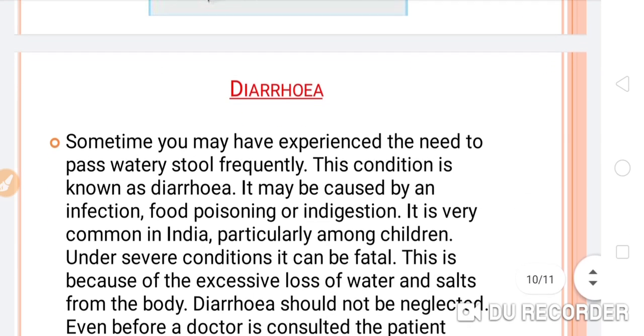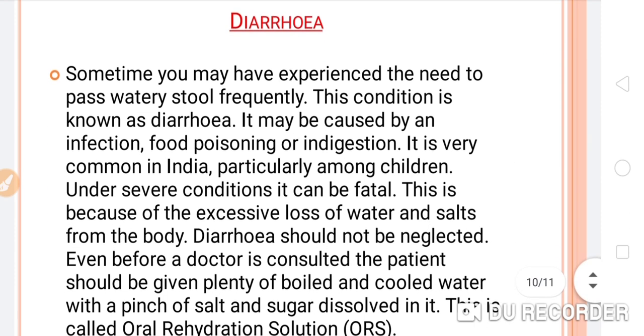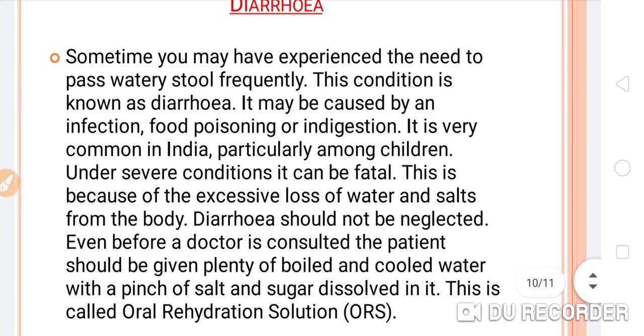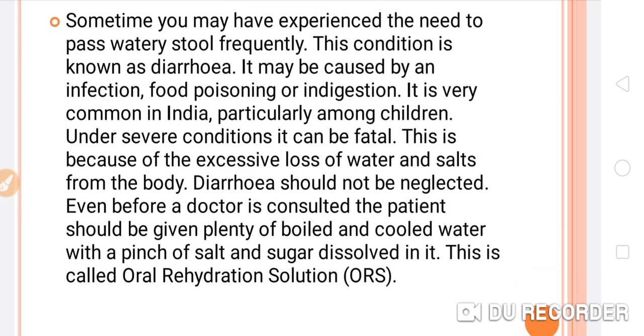Now next, that is diarrhea. This is also another fact which is given in your NCERT book. Sometimes you may have experienced the need to pass watery stool frequently. This condition is known as diarrhea.